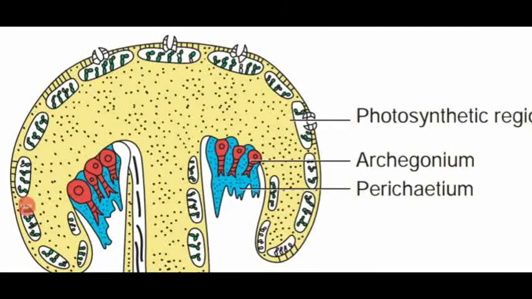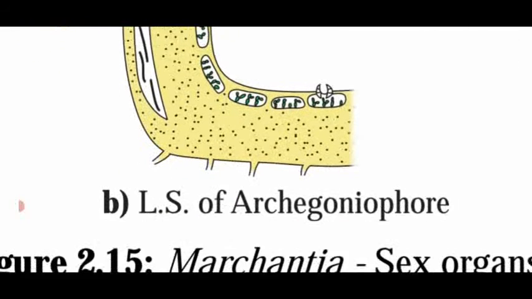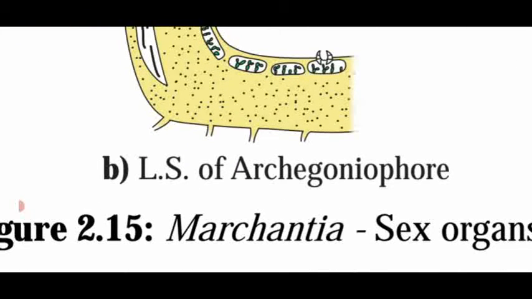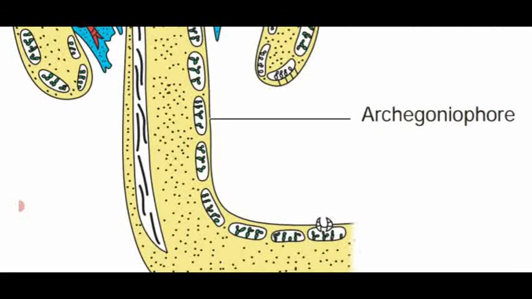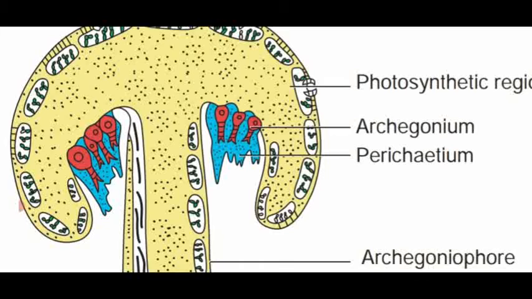Dear students, this is another diagram of LS, that is archegoniophore, a stalk-like portion or a receptacle known as archegoniophore. At the tip, they produce the flask-shaped archegonium. See the shape of the archegonium. At the base, an oval-shaped portion with a small neck is known as archegonium. So this archegonium afterwards produces one egg or ova.